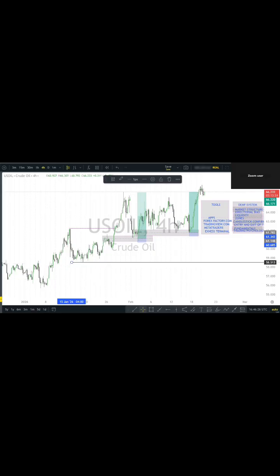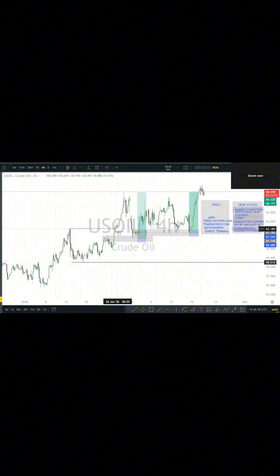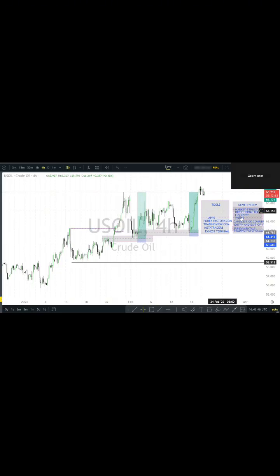Here again, this candle that dropped later here, I hope you are seeing it. Can you see this? Yes. Okay, this weak candle here indicates the liquidity part of the strategy.